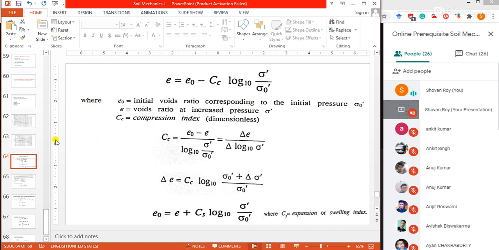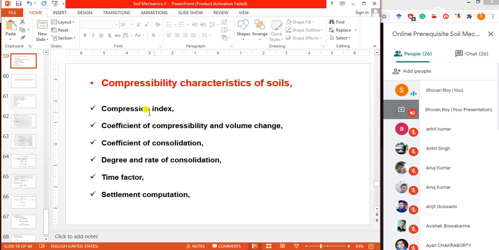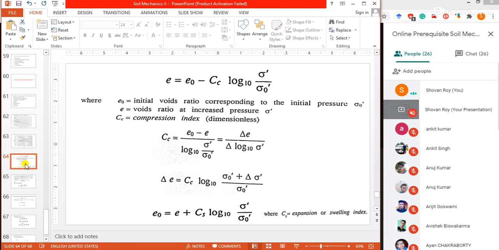Cc is a new term for you, that is, Cc is the compression index. Cc is also one of the compressibility characteristics. So what is Cc?